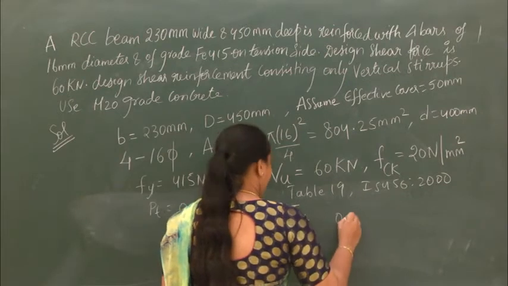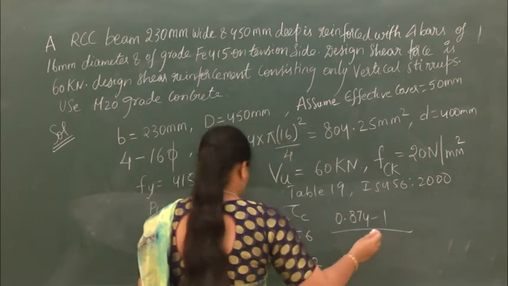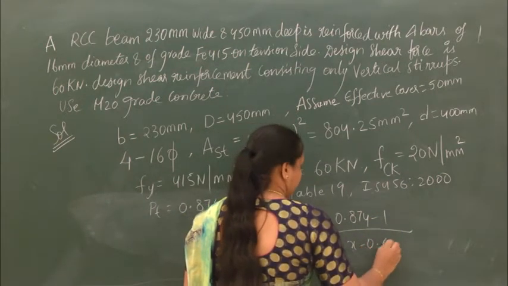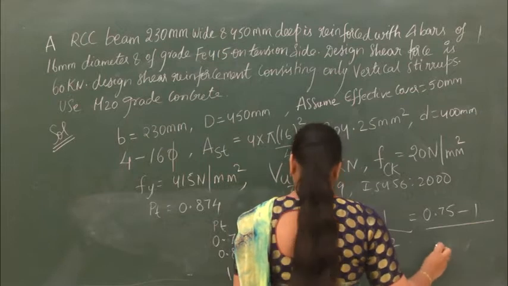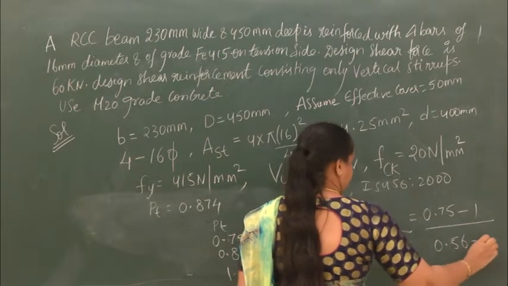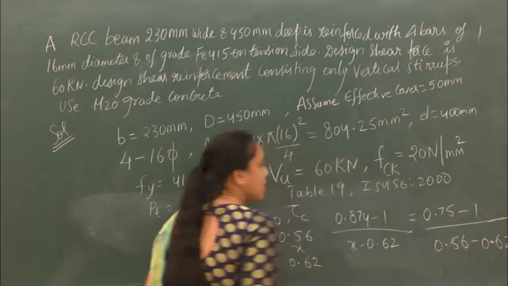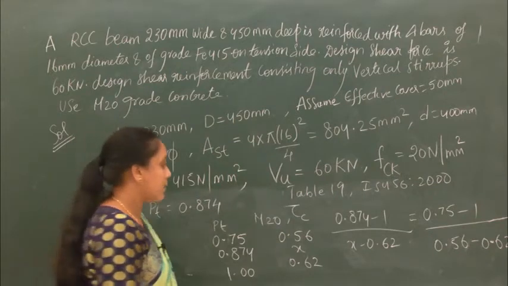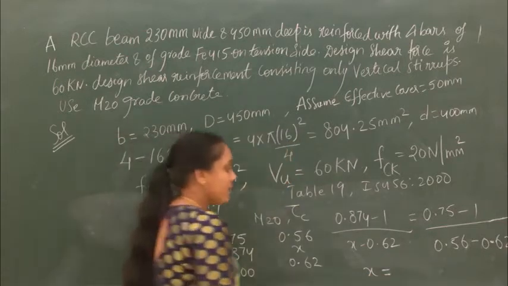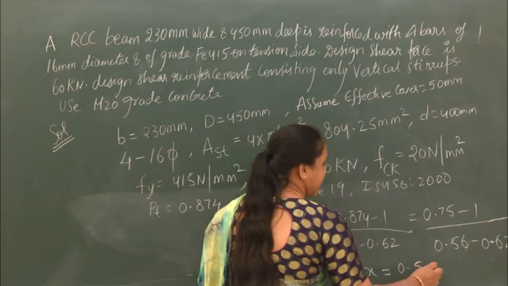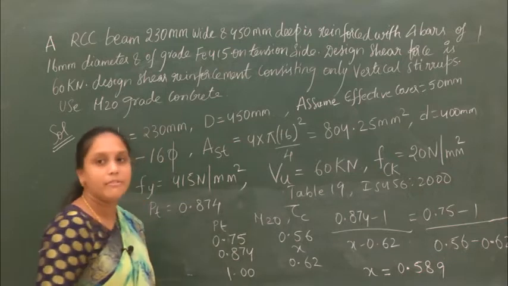So how can you interpolate? 0.874. If you solve this, you will get the value of x as 0.589.